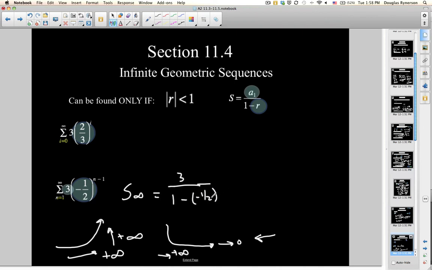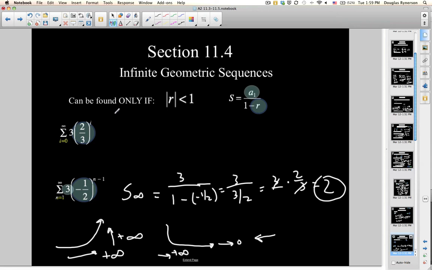This is 1 minus a negative number, so that's 3 divided by 3/2, 1.5, and that would be 3 times the inverse of this, 2/3, which would simply be 2.